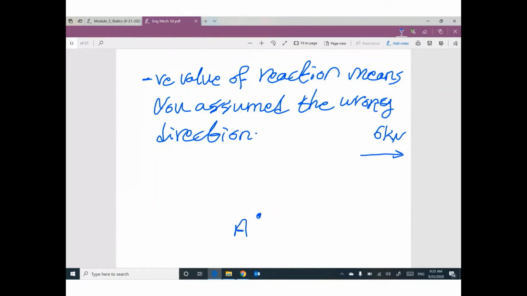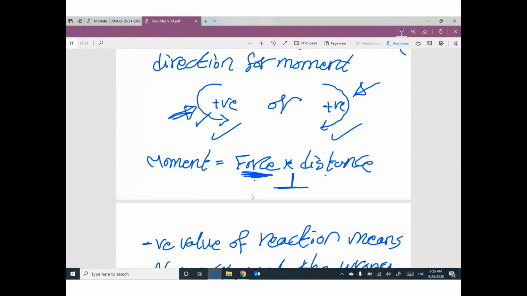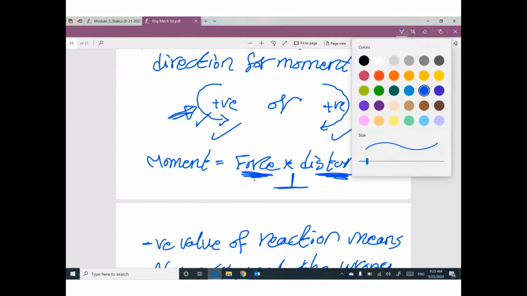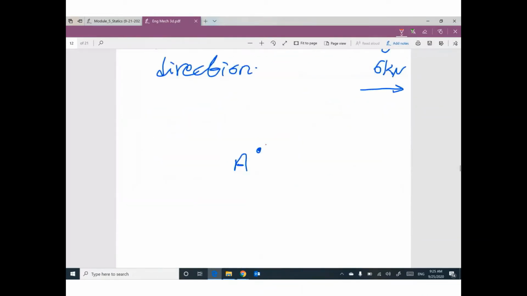Guys, I told you all the time, your force and your distance must be perpendicular. You are sitting at A, and your force is a horizontal force. So what should the distance be?